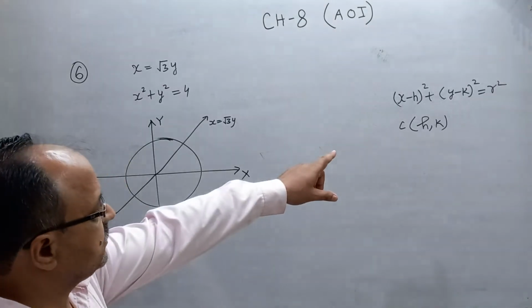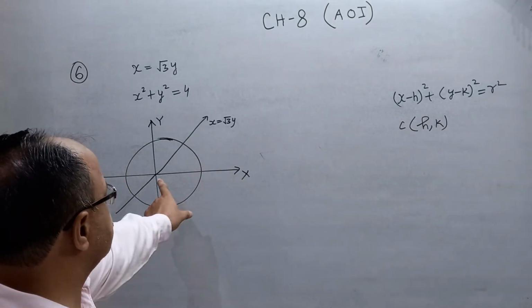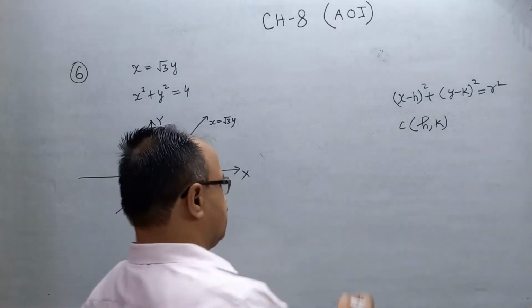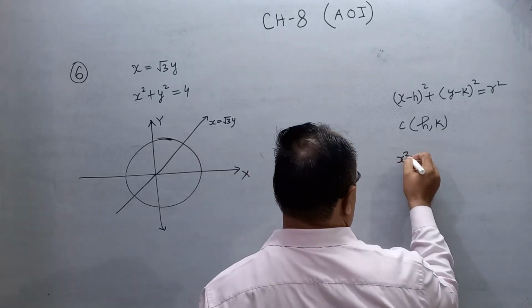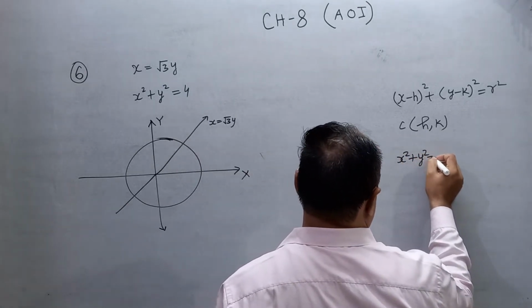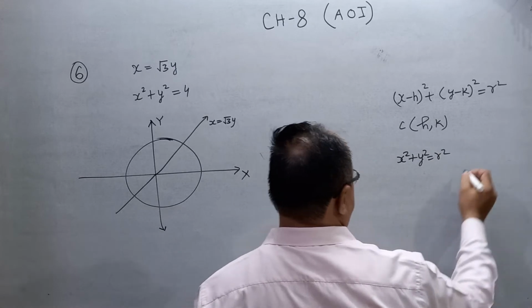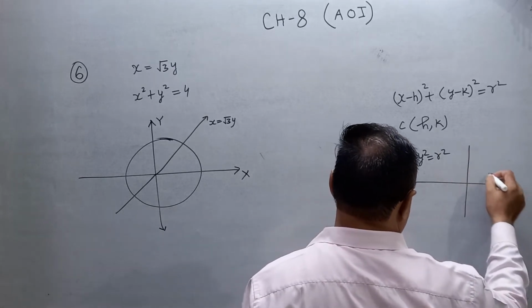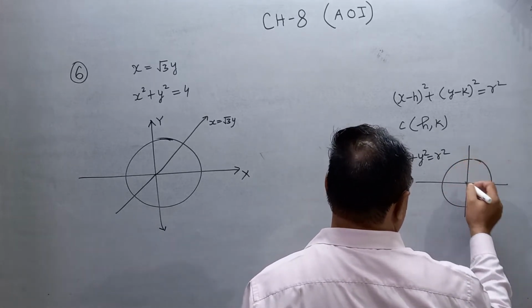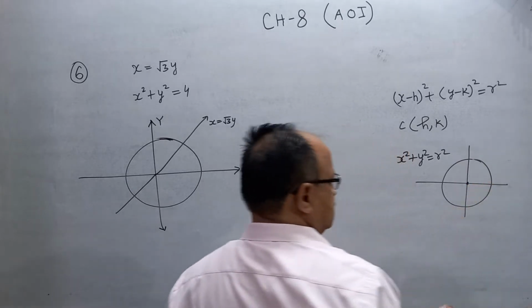You know that if the coordinate of the center lies on the origin, then the equation becomes x square plus y square is equal to r square. This is the equation of circle whose center lies on the origin.